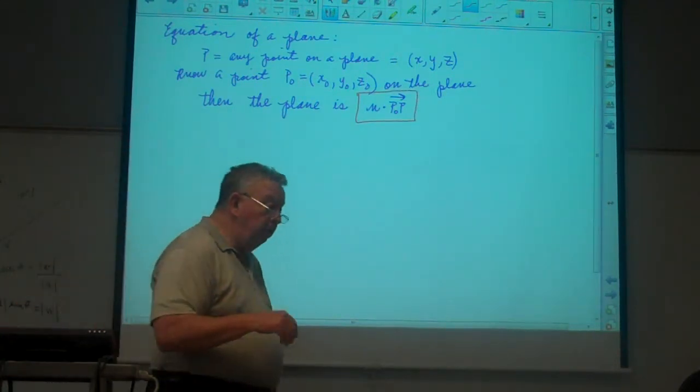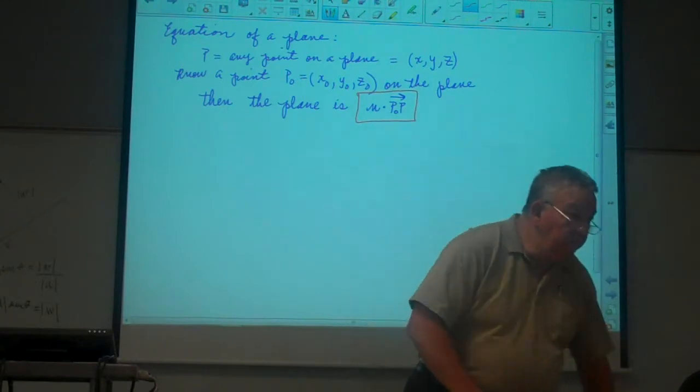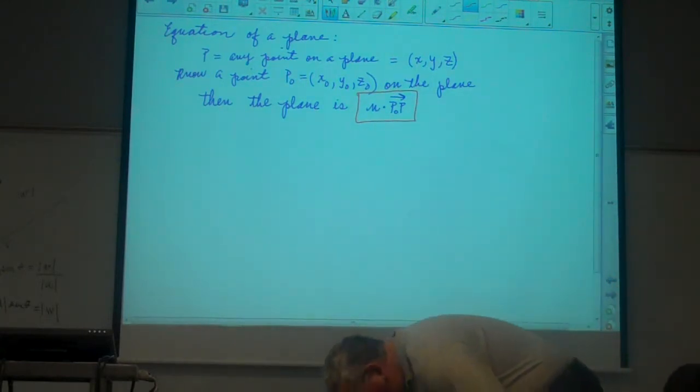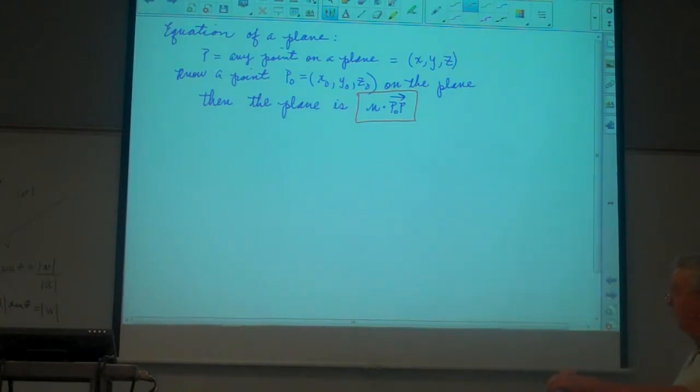That's one definition of a plane. And that is, if I know n, what's n always going to mean? The normal vector, huh? I don't care how you got that normal vector.